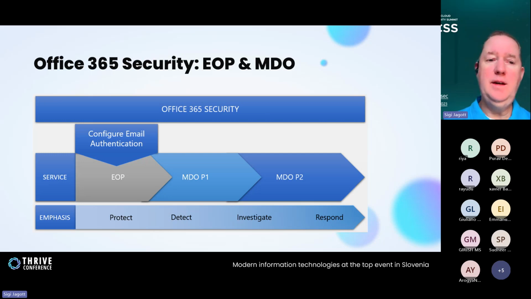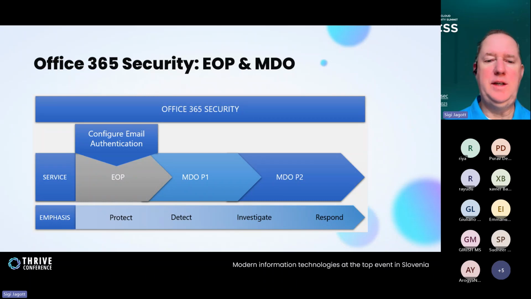EOP is a basic protection-focused product, so it protects your email so your users are not harmed by spam, malware, or phishers, for example. EOP is about protection, and this is included in any Exchange Online or Office 365 plan. Even if you're on a business plan, you still have Exchange Online Protection.